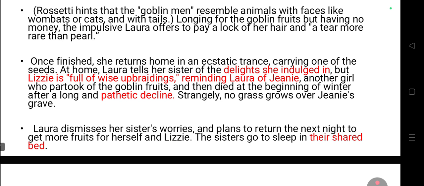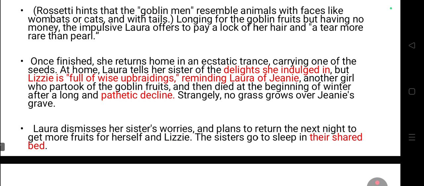Why? Because as in the story of Adam and Eve, we see Adam represents intellect, whereas Eve represents instinct. So here Laura represents instinct and Lizzie represents intellect. So when intellect dominates, instinct is subjugated.